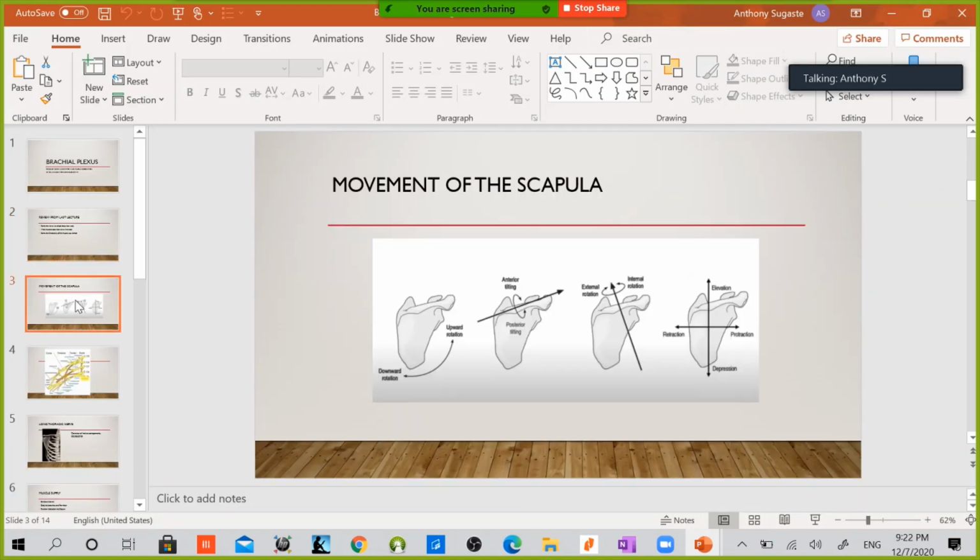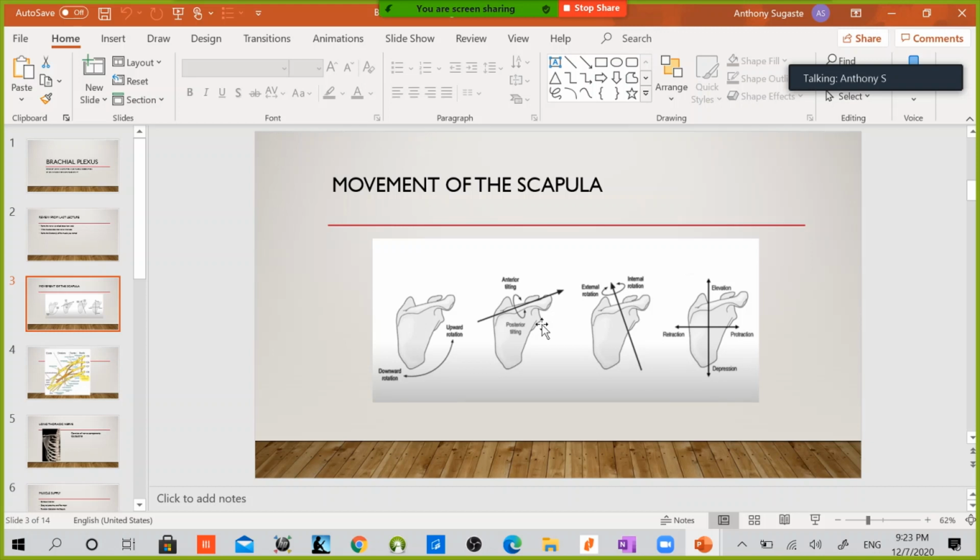All right, so moving to the scapula, which is what I was leading to. You have downward rotation and upward rotation. You have an anterior sling and posterior sling. What that essentially means is we refer to this as a tilt, the tilting of the scapula. Certain muscles engage the scapula to bring it backward, and certain muscles bring it forward.